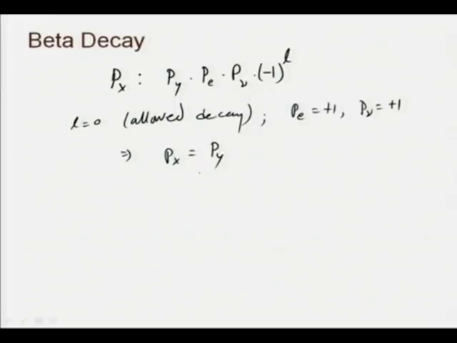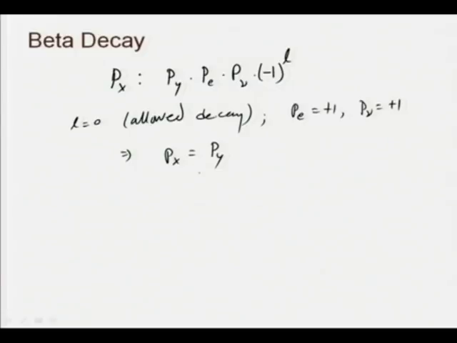So, in this discussion, in the allowed decay, it is always P x is equal to P y. Okay. So, L equal to 0 will give you parity of the daughter and parent nuclei to be the same.